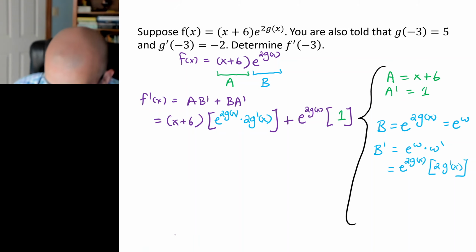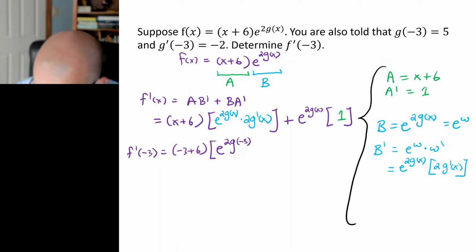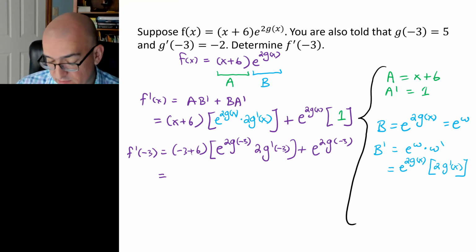And now we're at the point where we can plug in -3 for x everywhere. So we get -3 plus 6 times e to the 2g at -3 times 2g prime of -3 plus e to the 2g at -3. Now plug in the data for those things. Well, okay, not data, but -3 plus 6 is 3.